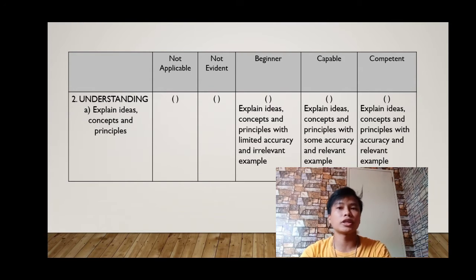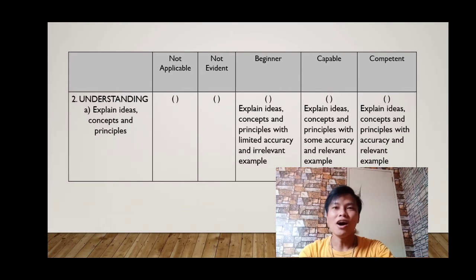So the students can explain the ideas or the concepts of these statements or the principle of these, but they give only limited accuracy, and they only give irrelevant examples. In the word irrelevant, they don't have a basis, so we can't say if it's true or false.